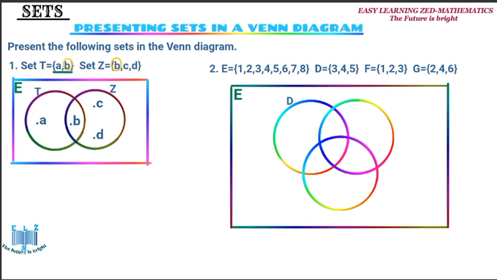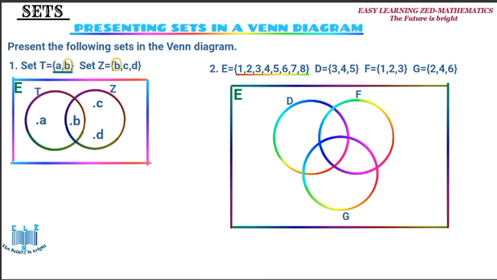I'm going to ignore the universal set first and focus on sets D, F, and G. I'm going to look for a number that is in set D, set F, and set G, the number which is appearing in all the sets.